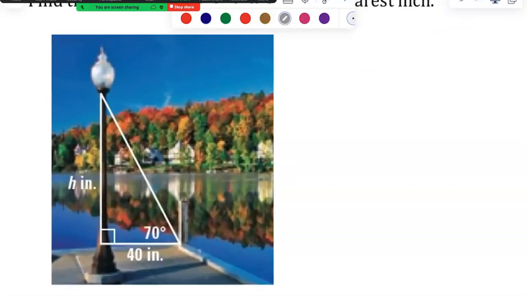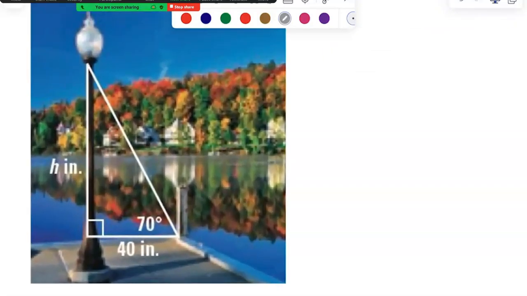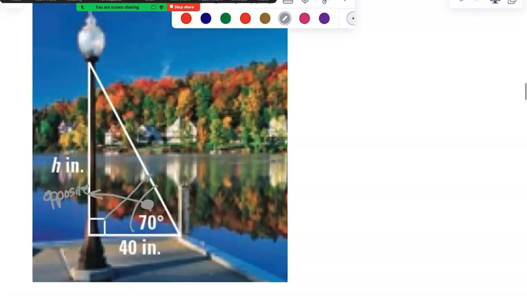So we're going to look at this. Here's my angle. From this angle's perspective, put yourself right here. Look across. That is your opposite. Across from the 90-degree angle is your hypotenuse.